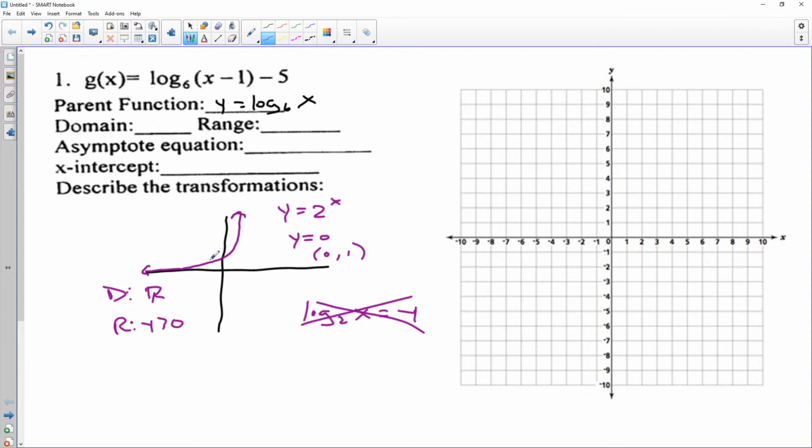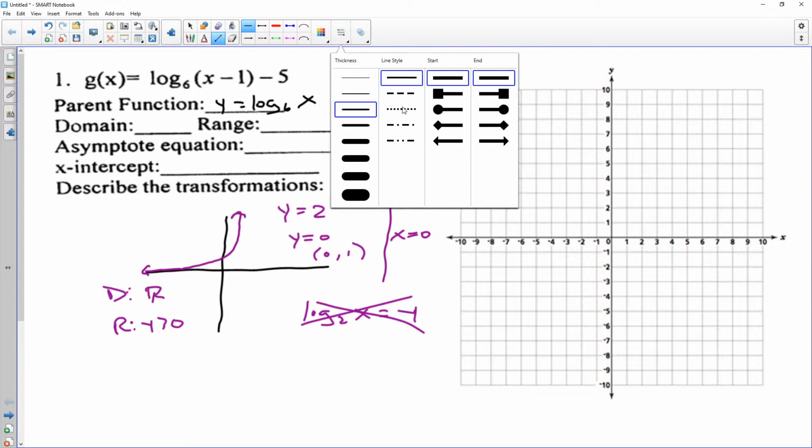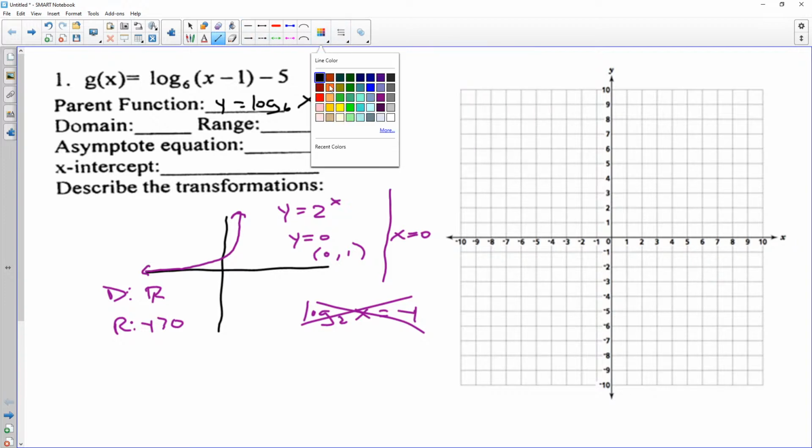If I were to talk about a generic log, not this specific problem yet, we would say that it has an asymptote at x equals 0. Since I can't draw straight lines very well, I'm going to use my line tool. Give me one second. I'm going to grab a dotted line, and we'll make it red. Instead of a horizontal line at y equals 0, there's going to be a vertical line at x equals 0.